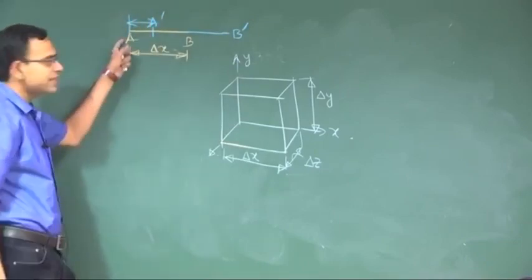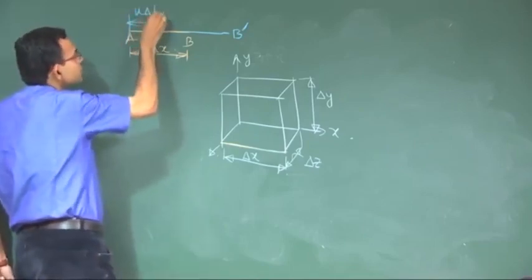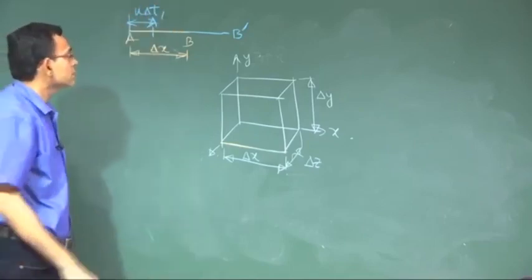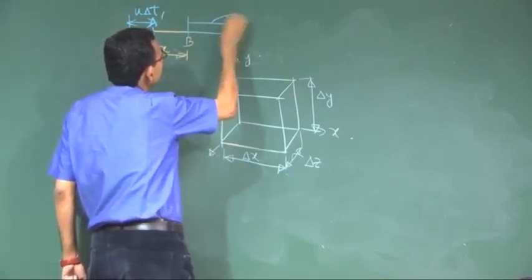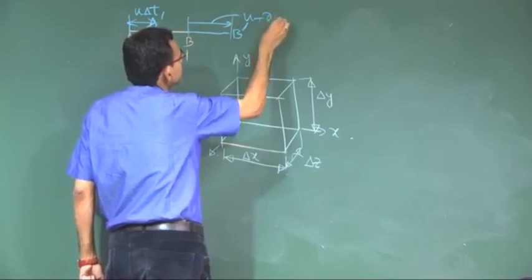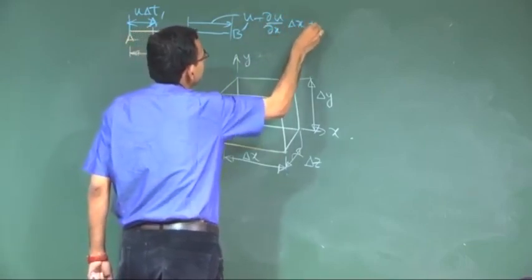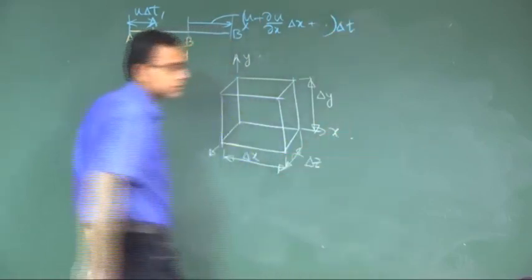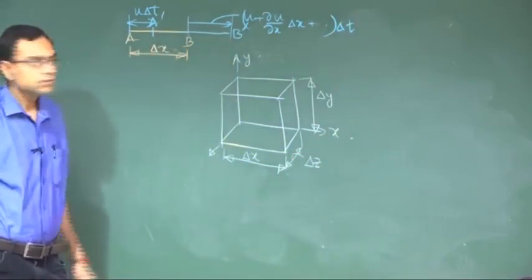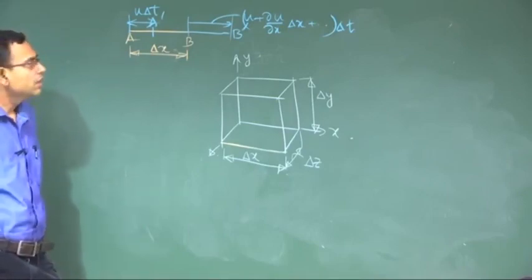Let us say u is the x component of velocity. So this is u into delta t, and this is u plus the increment.